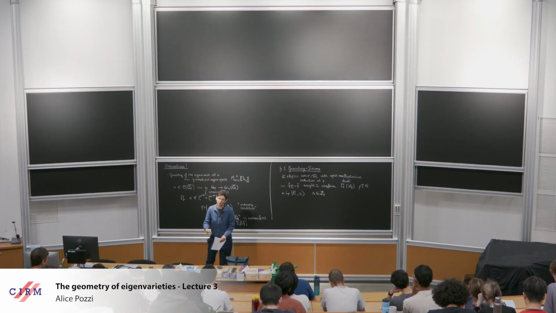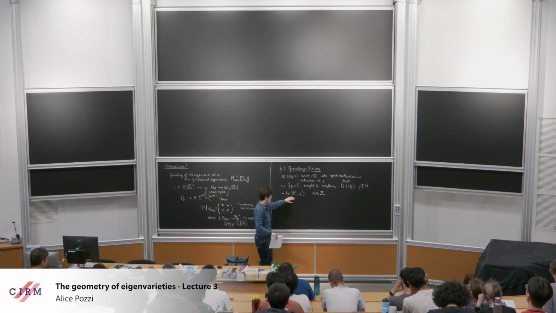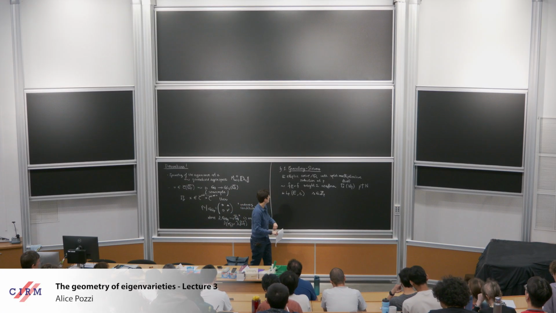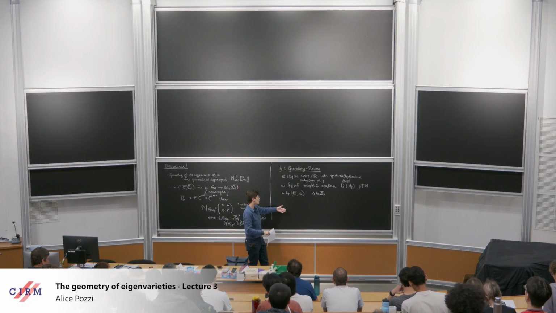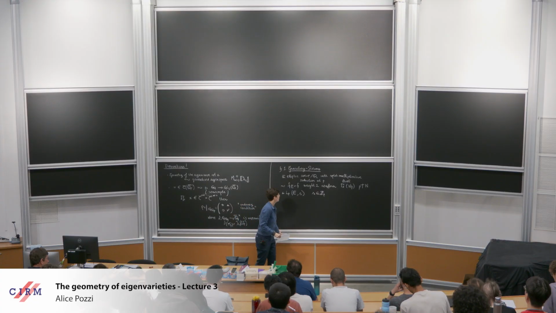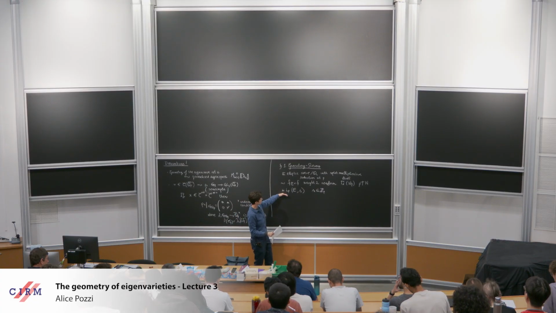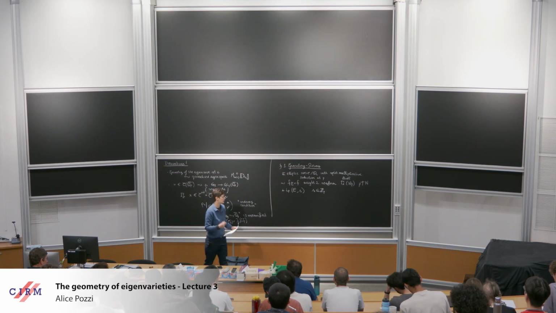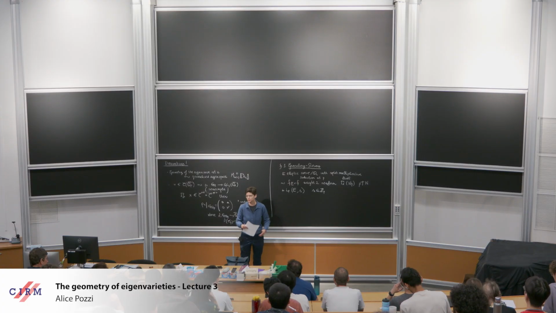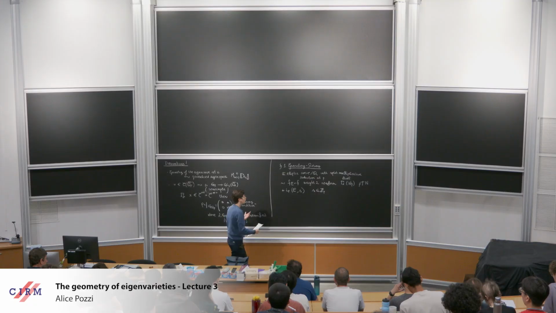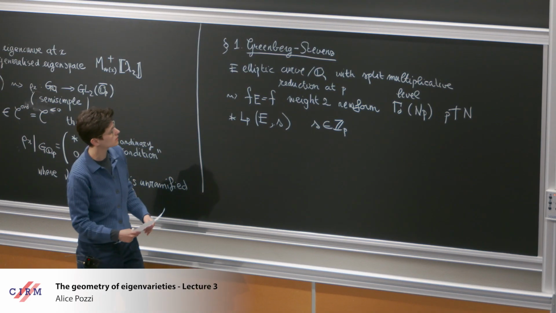It's not going to be so important for us to see what this actually is, but it is constructed by using the theory of modular symbols that we haven't discussed in our perspective on the construction of the eigencurve. And from that point of view, it would have been more natural to consider an alternative construction of the eigencurve that uses the theory of so-called overconvergent modular symbols.